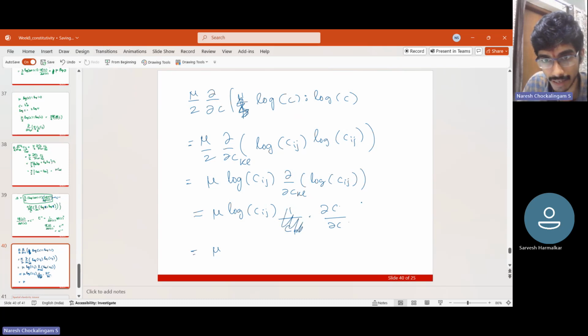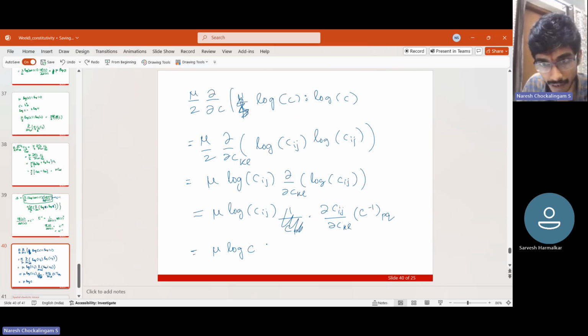So log Cij derivative is nothing but... So this will result in mu log C delta.